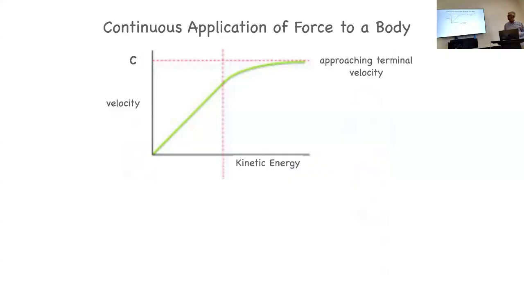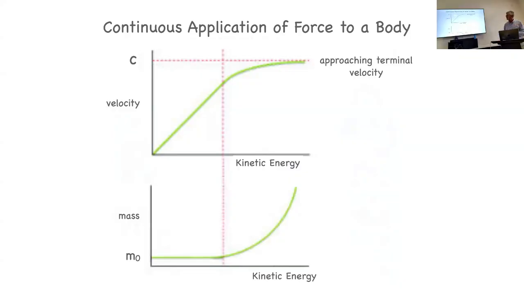It gets close. What happens at the same time to the mass? Well, at rest, if something has mass, we now call that rest mass, or m naught. Maybe you've heard of rest mass. It's non-zero, and it remains constant for much of this process.